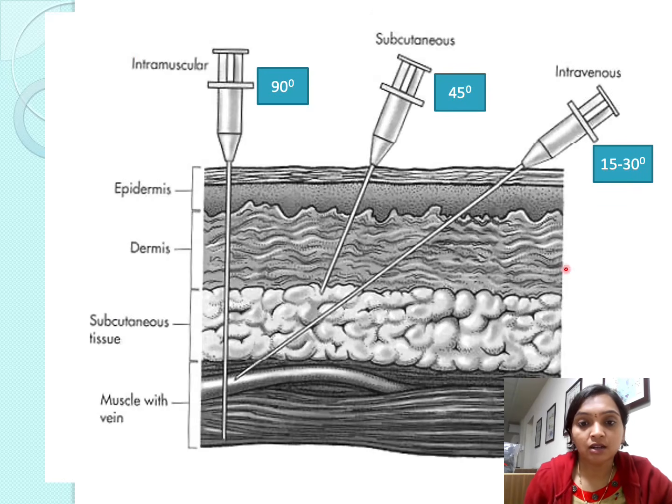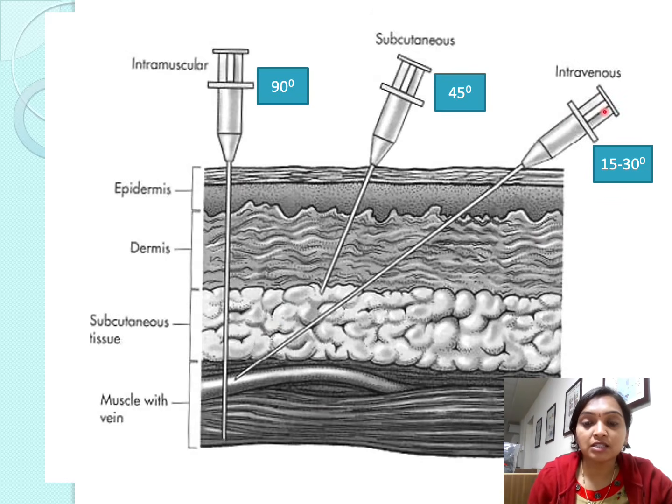So this picture shows angulation and how the very commonly used injections are administered. So this is the layer of the skin. This is the epidermis. This is the dermal layer, and this is the subcutaneous layer of the skin, and this is the deep muscular layer. So this is how you give an IV injection.